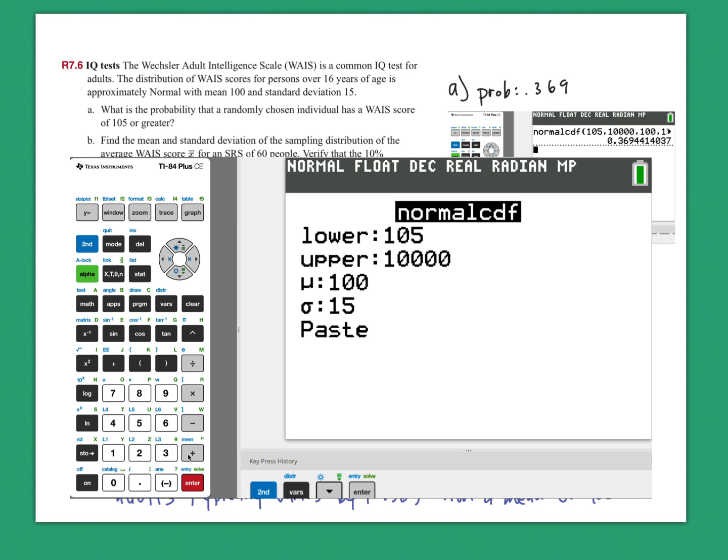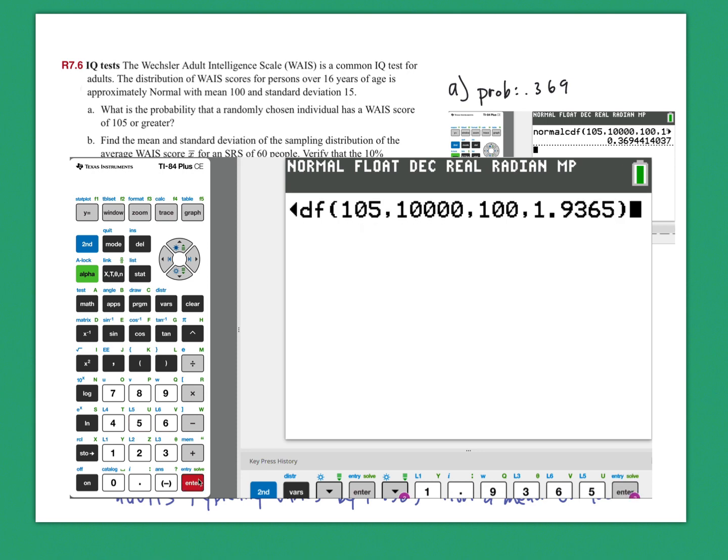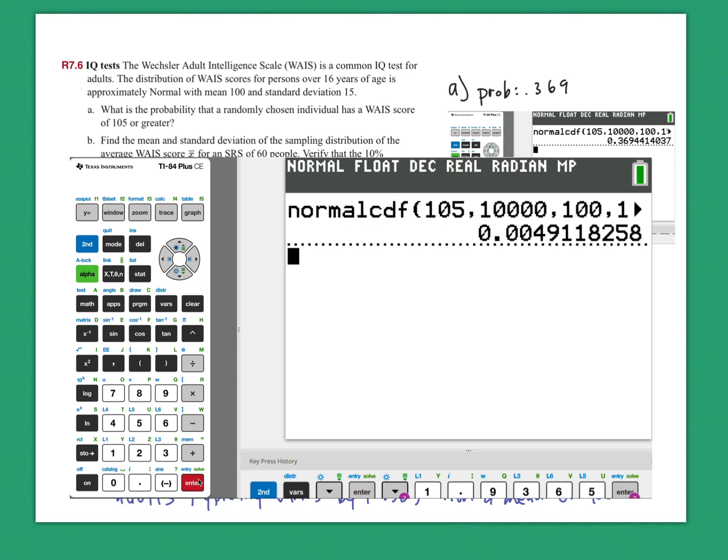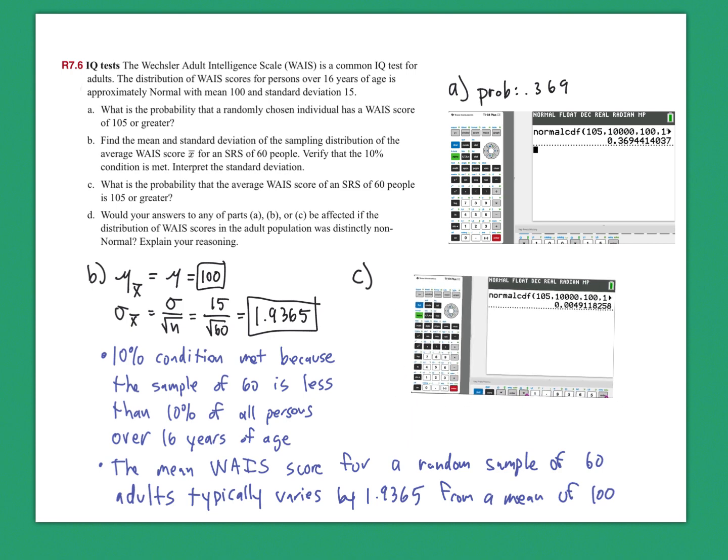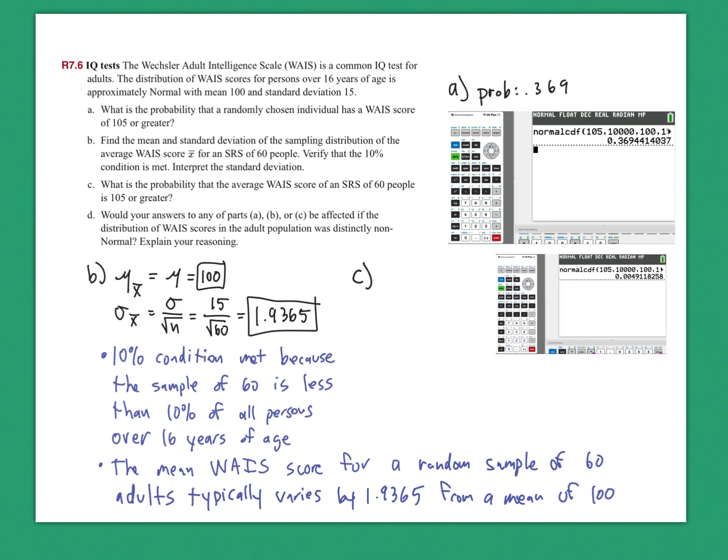Lower and upper are still the same because we want to know, from this sample, the probability that it's greater than 105. So the mean will stay the same. Really the only thing that's changing is the standard deviation, which is 1.9365. Okay, and that's it. So 0.005, we'll say. Put that up here.